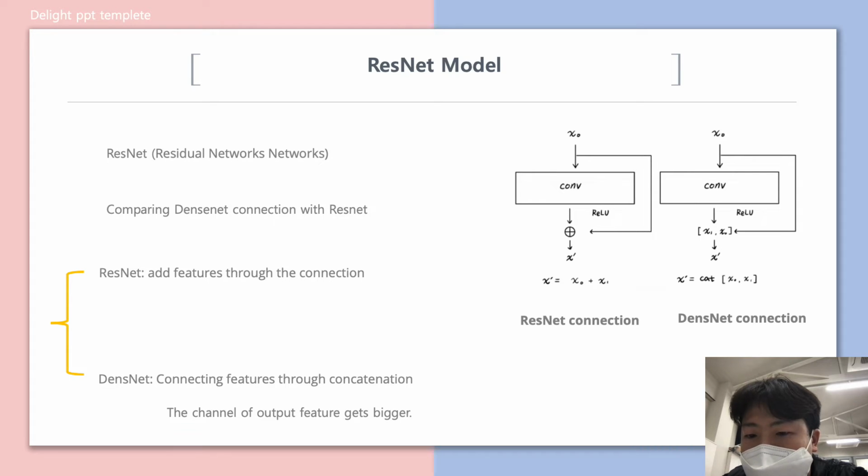The model architecture is as follows, compared to NasNet. NasNet is connected through feature concatenation, so the channel of the output feature gets bigger, and ResNet adds features through the skip connection.